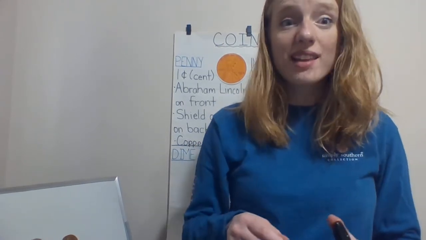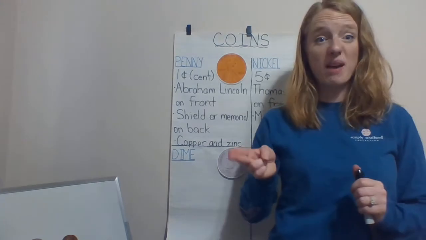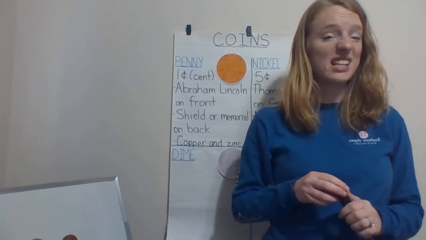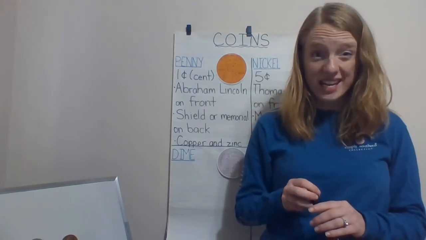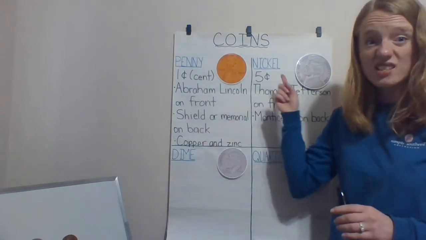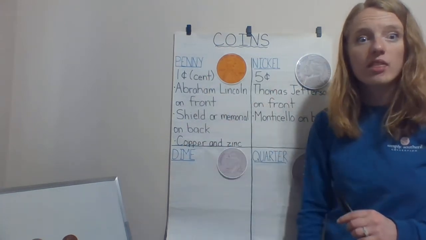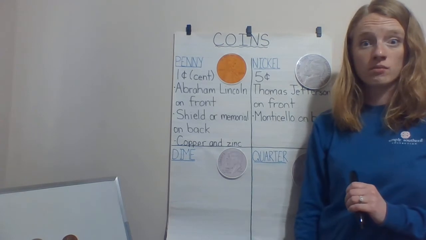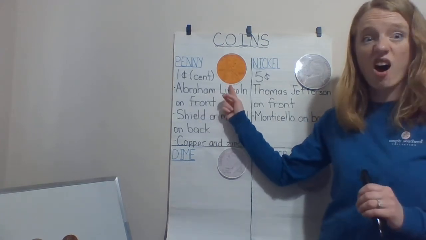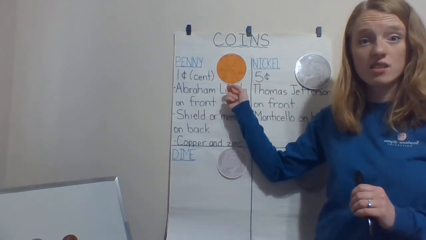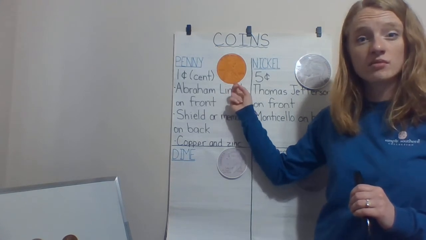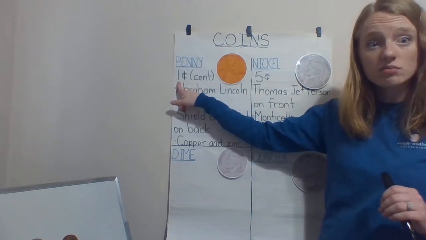Okay, so something that's cool about the nickel and the penny is that it actually costs more money to make these and send them out to people than they're actually worth. So it costs almost 2 cents to make a penny, but a penny is only worth 1 cent.